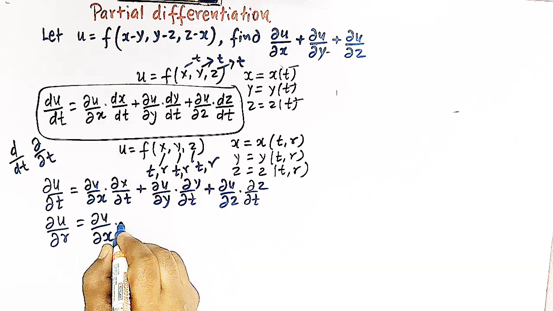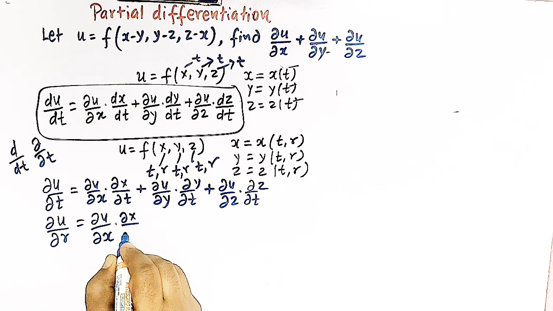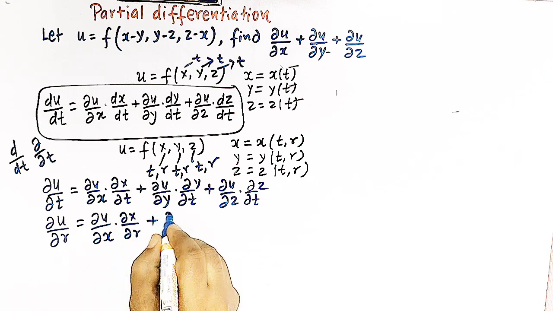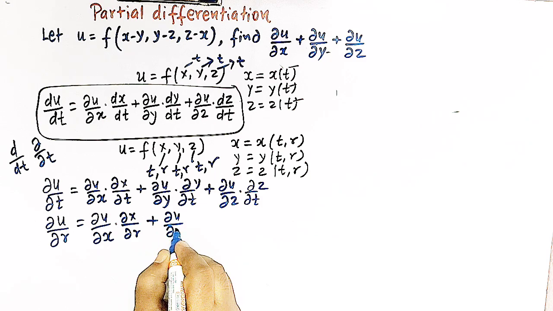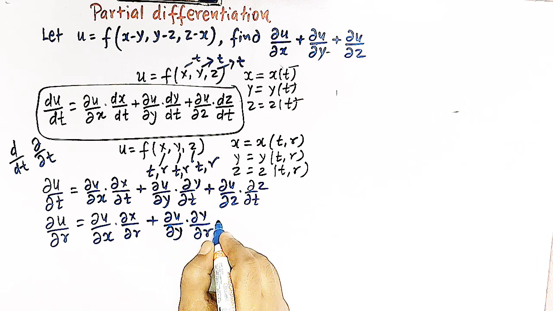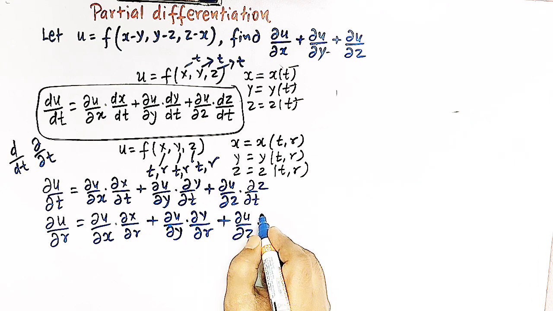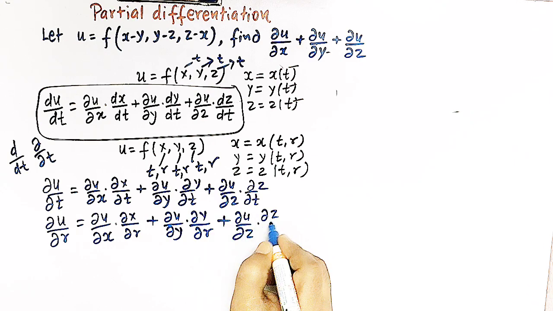So we have now del x over del r, and then we have del u over del y. Here we have del y over del r, and del u over del z, and here we have del z over del r, right?